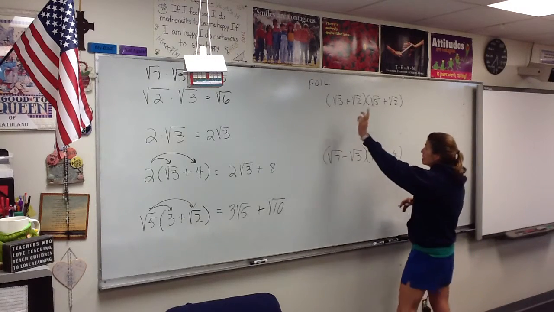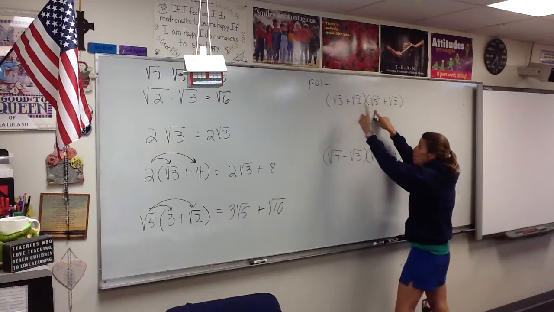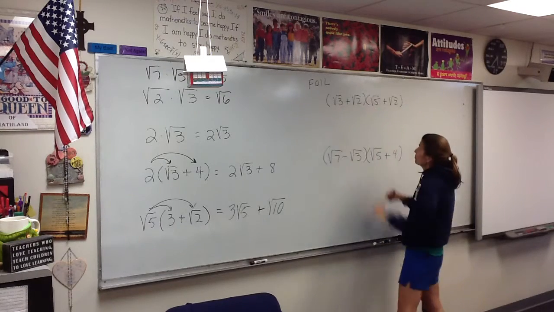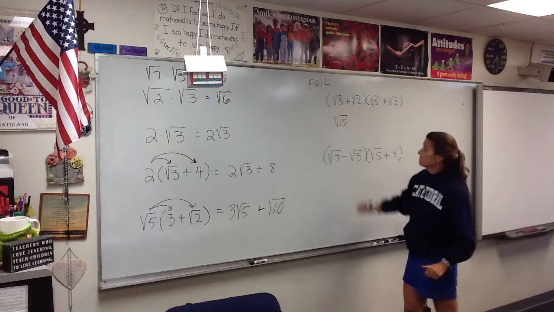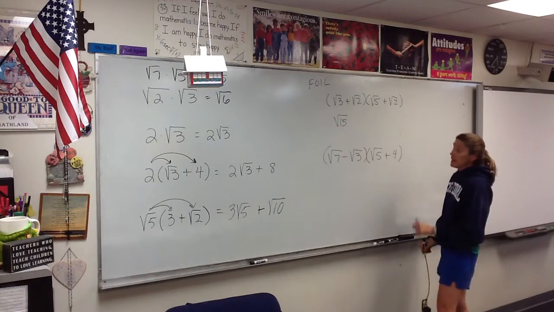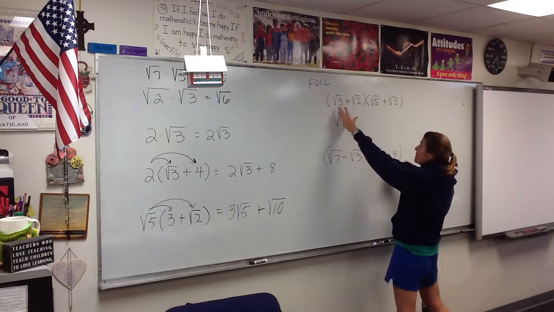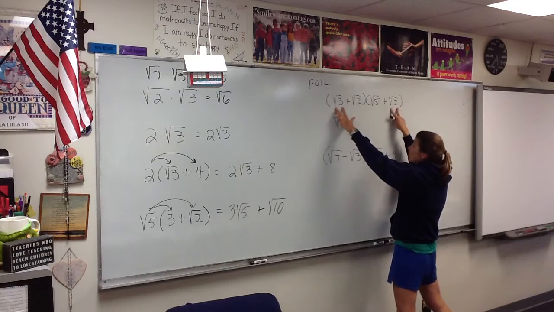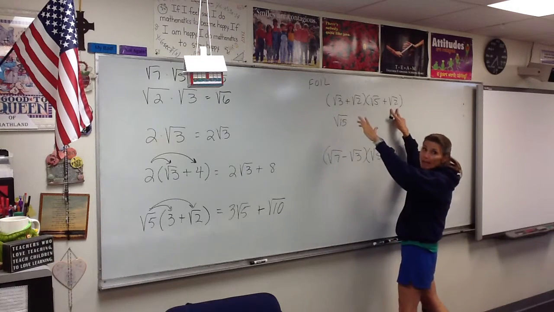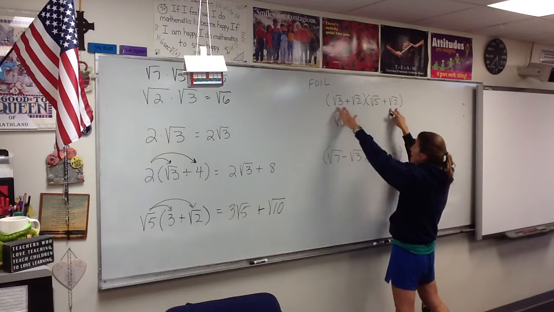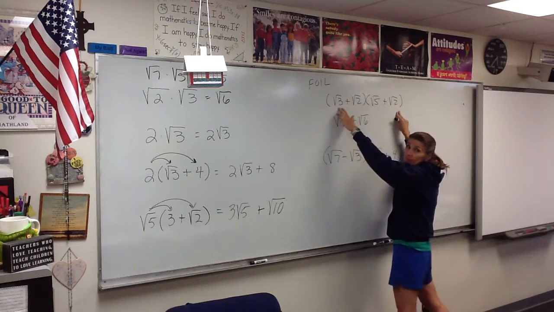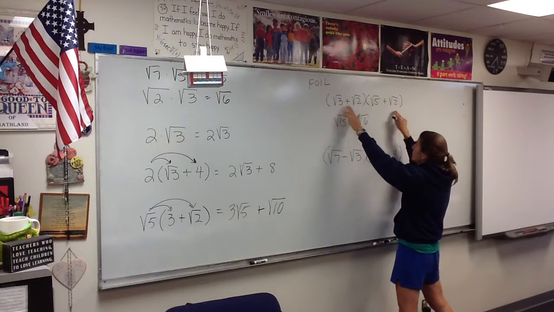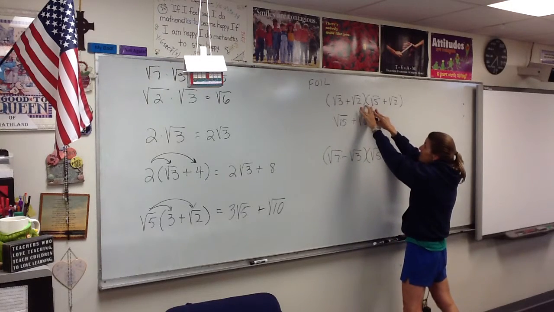I'm going to multiply first times first. What do I get when I multiply root 3 times root 5? I get root 15. Now I'm going to do outsides. That's radical 3 times radical 2. All right, what do I get? Radical 3 times radical 2 is radical 6. What do I get on the inside?